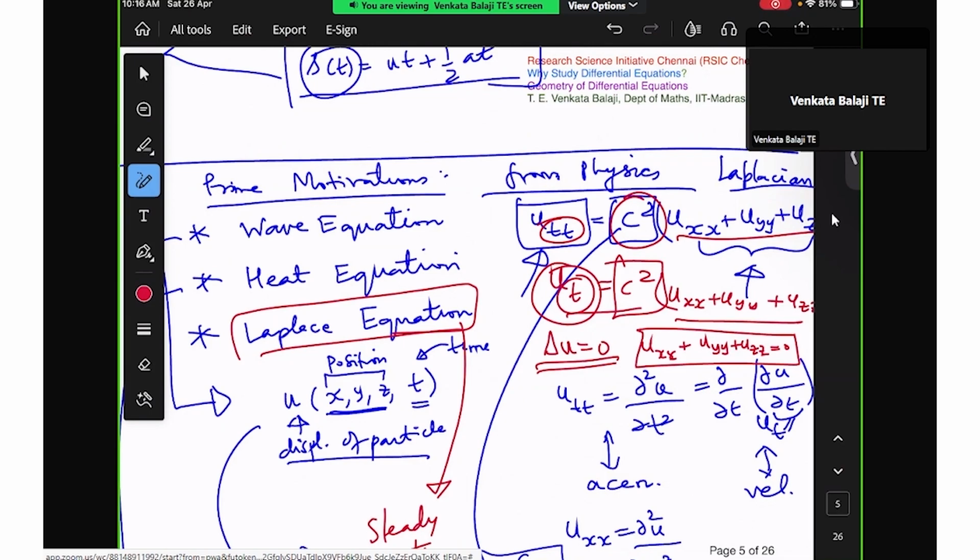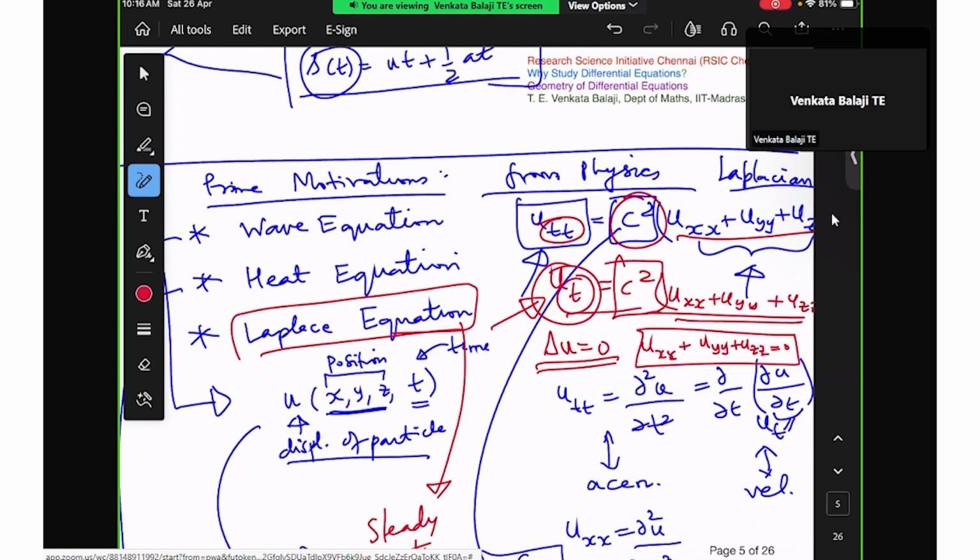Steady state means everything is steady, which means temperature doesn't change with time. If u doesn't change with respect to time, the derivative of u with time must be 0. That means the left part has to be 0, so the right side is 0. That will give you that the Laplacian is 0, because c squared is not 0.